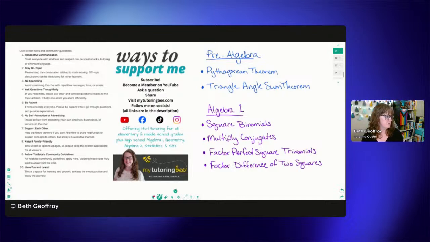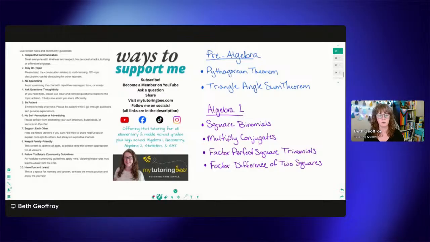These are the topics we're going to cover today. I'm going to spend about 20 minutes on each, pre-algebra and then algebra 1. For pre-algebra, we're going over the Pythagorean theorem and the triangle angle sum theorem. And then in algebra 1, it seems like a lot, but they're all kind of connected to each other. We're going to go over how to square binomials and multiply conjugates.